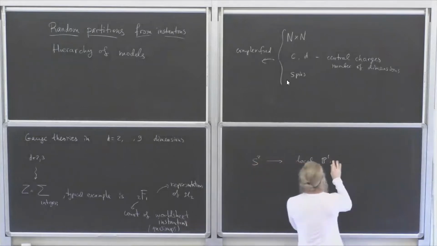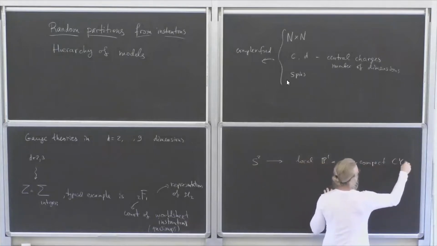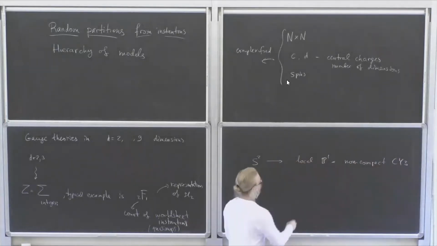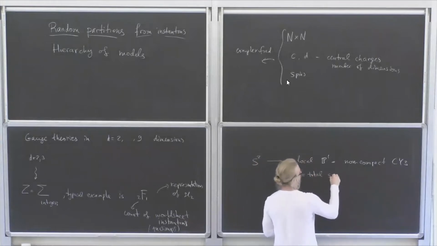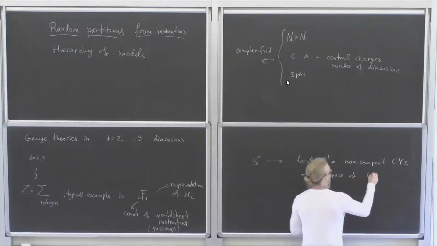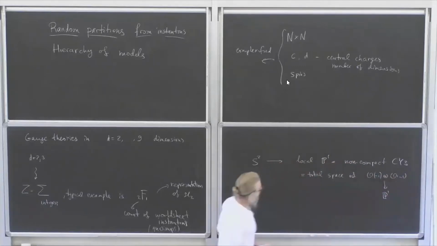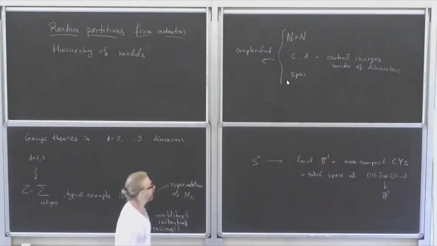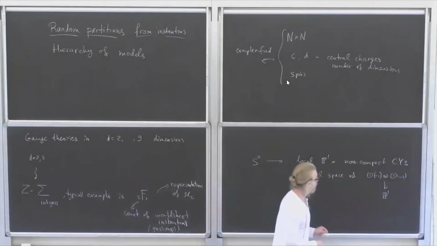So it's a non-compact Calabi-Yau threefold, which is the total space of the O(-1) plus O(-1) bundle over P1, which can be described in the language of gauge linear Sigma model or symplectic reduction.